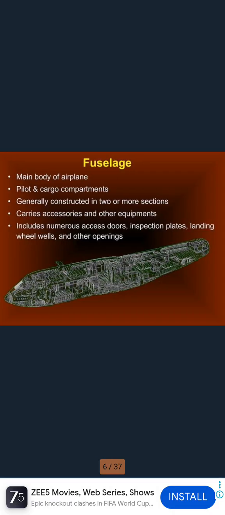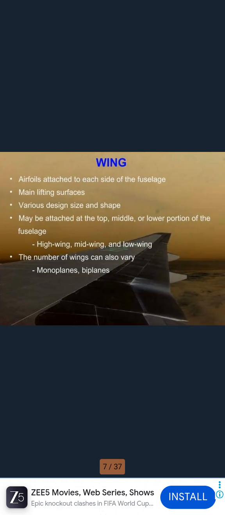Fuselage means the main body of the aeroplane, containing the pilot and cargo, generally constructed in two or more sections, and carrying accessories and other equipment, including seats, doors, inspection plates, landing wheel wells, and other openings. Wings are airfoils attached to each side of the fuselage, the main lifting surface.